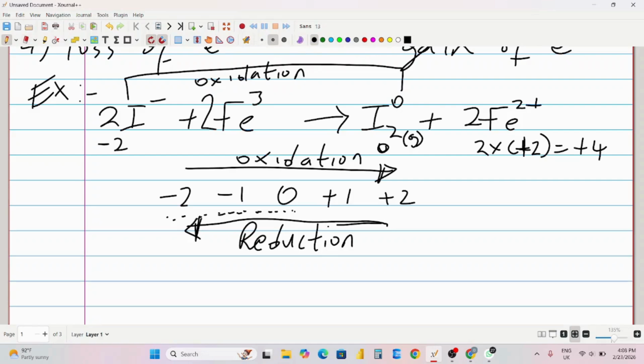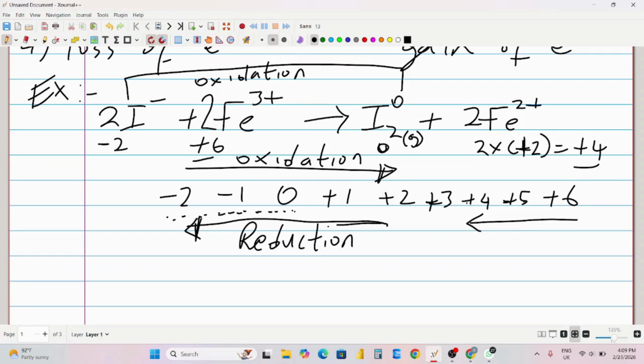So iron here is +6, 2 times 3, while here it is +4. So you trace it from +6, you have +5, you have +4.